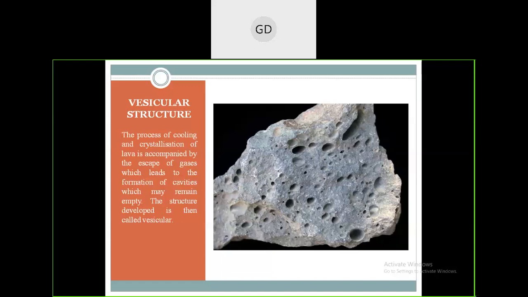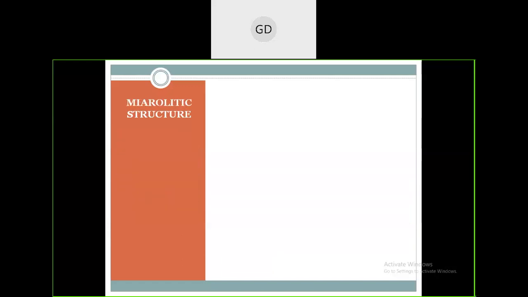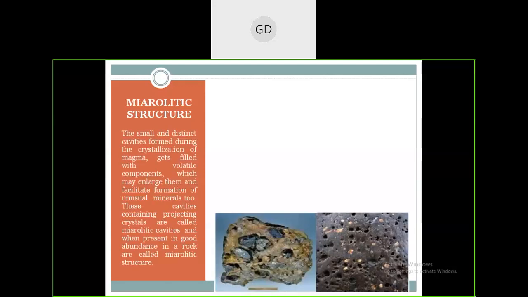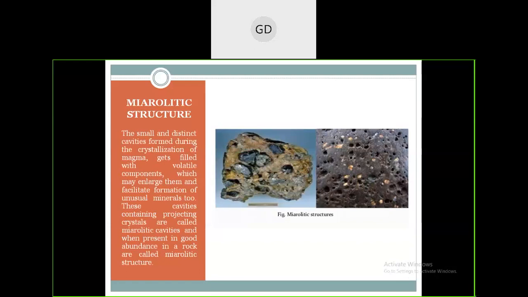Like vesicles. So the last one is your amygdaloidal structure. So what is an amygdaloidal structure? Sometimes some very small cavities are formed during the crystallization or solidification of magma.